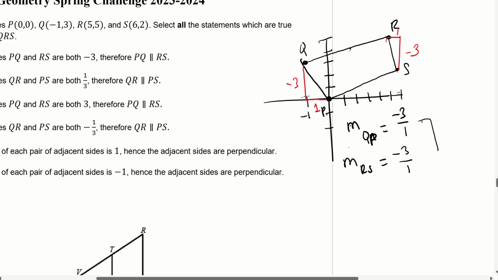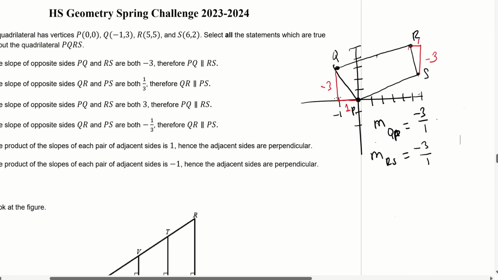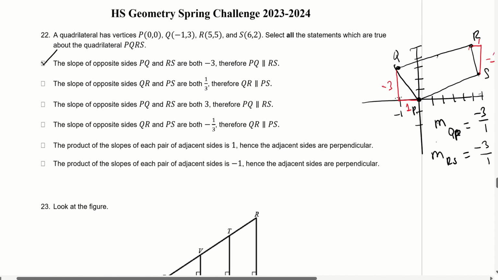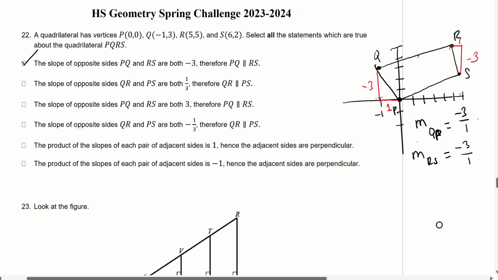Okay, and so that means that these are parallel, okay? Now, they don't look parallel in this picture, and that's just because of the scale that I've drawn this in, which explains why they don't appear parallel. But we can show that they're parallel according to the calculation. So the slopes of those opposite sides are both -3, so they must be parallel.